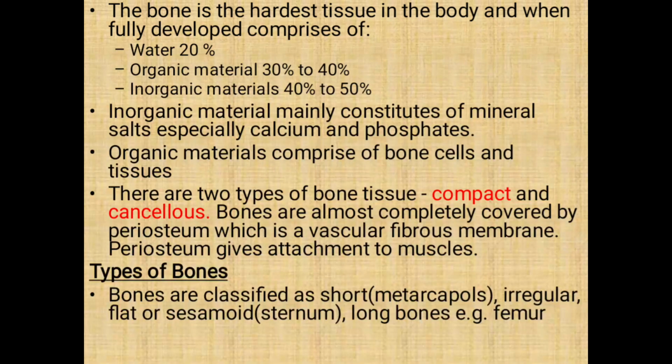So pia tuko na inorganic, the inorganic matter rather ina consist mineral salts kama calcium na phosphate, sawa. Organic materials ina consist of bone cells and tissues. Bone cells tumesema ni osteoclasts.